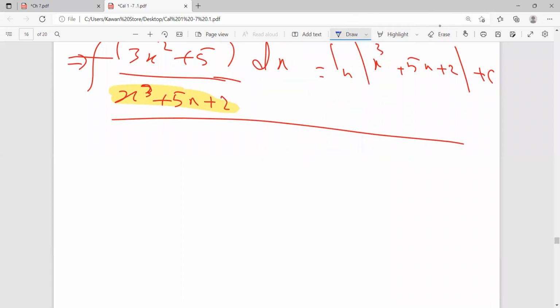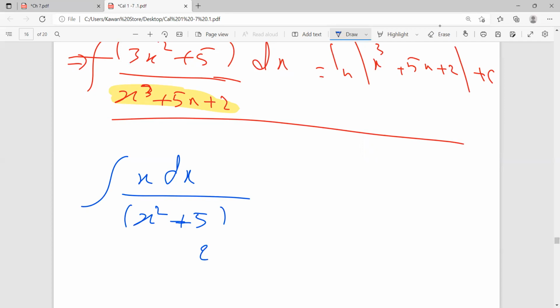Look, if I have such an example, x dx. Actually, I will give you everything, that's why I'm going to ask about everything. Look, we have x here, over x squared plus 5. Wow, it's a fraction. So I ask about the derivative of the denominator. It is 2x. I have 2x dx, but I have only 1, so how do we add 2?